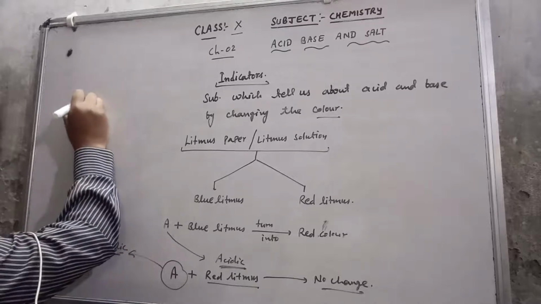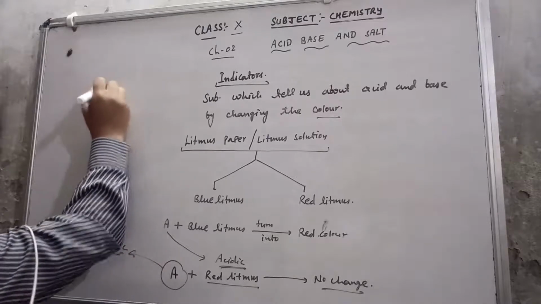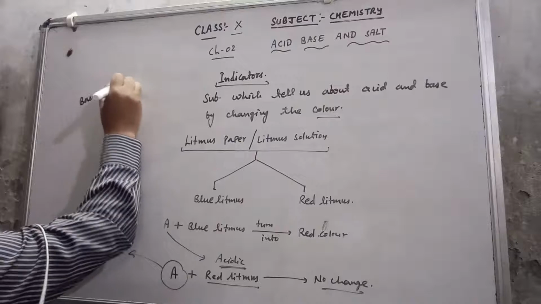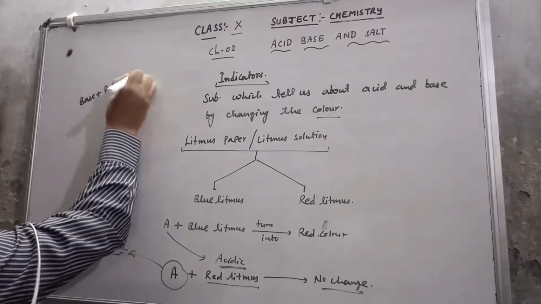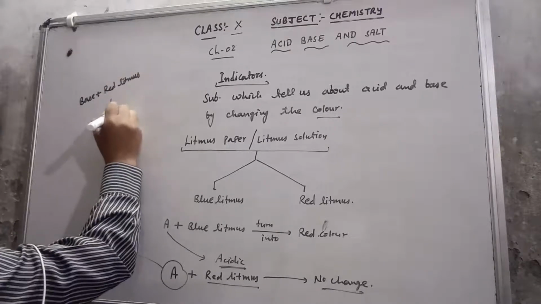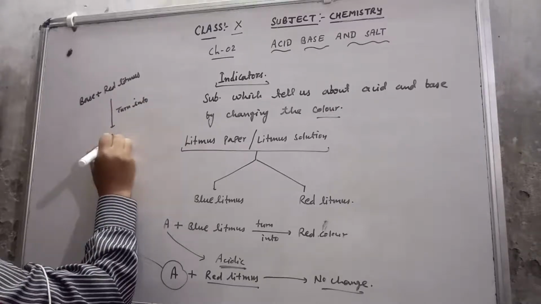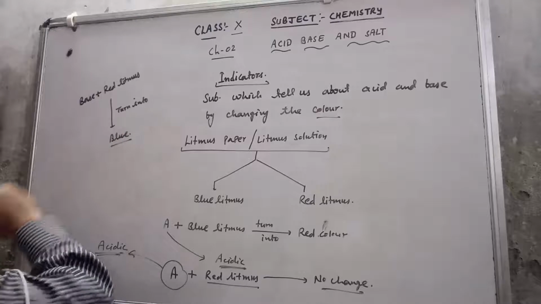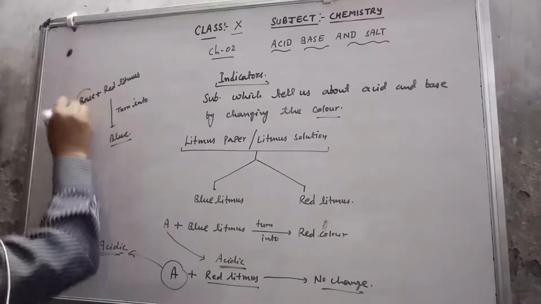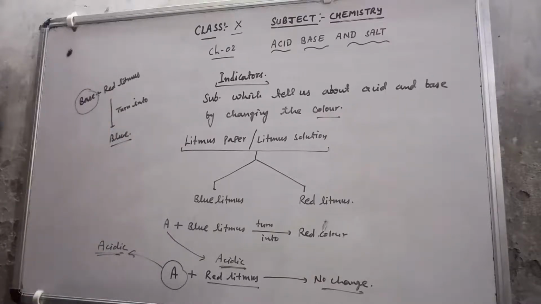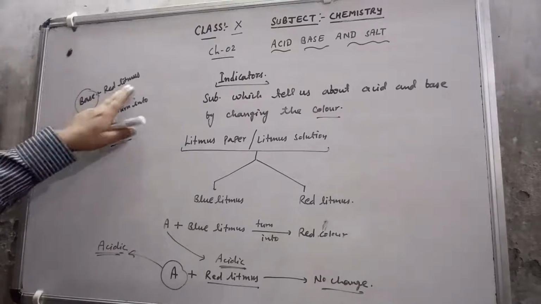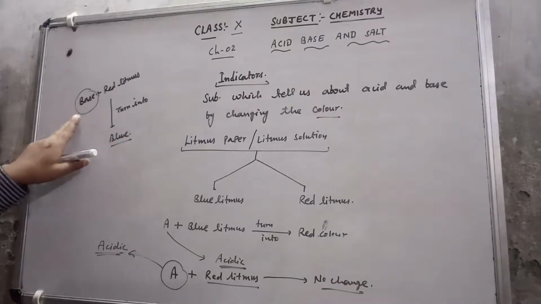If I have any base and I add red litmus to it, and this red litmus turns into blue, then very simple, that substance is a base, because the substances which turn red litmus into blue are called bases.